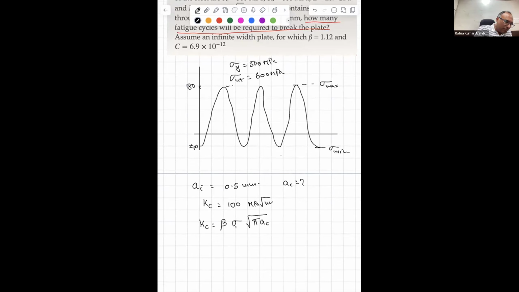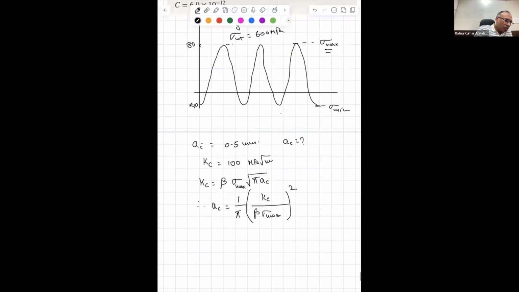With this, sigma will be sigma max, the maximum stress that you are applying, right? So therefore, AC will be equal to Kc by beta sigma max whole square divided by pi.